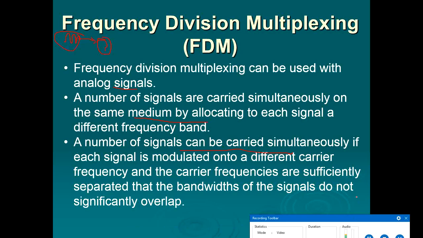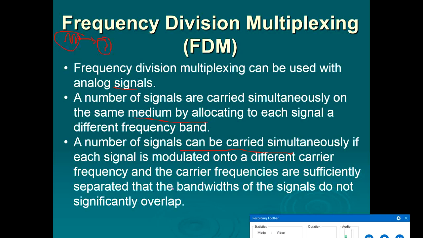To say it more precisely, FDM is possible when the useful bandwidth, as I said earlier, of the transmission medium of the link exceeds the required bandwidth of the signals to be transmitted. A number of signals can be carried at the same time if each signal is modulated on a different carrier frequency, and the carrier frequencies are separated from the bandwidth. We are going to look into the frequency division multiplexing in the next slide.